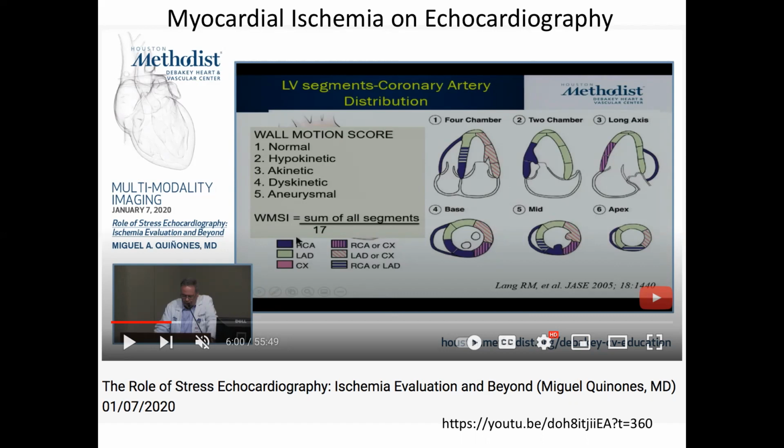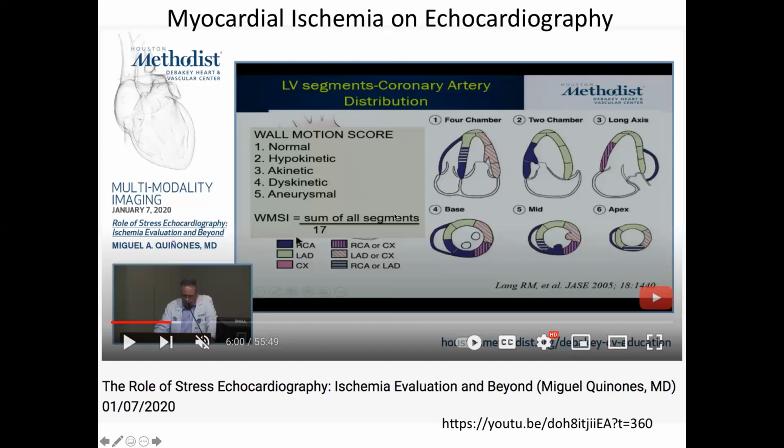This isn't done a lot, actually, this quantitative thing. You try and do this for papers, like when you're trying to evaluate, does my new echo machine perform better than that echo machine? So how are you going to measure that? You do this kind of analysis, and each doc gives each segment a number.